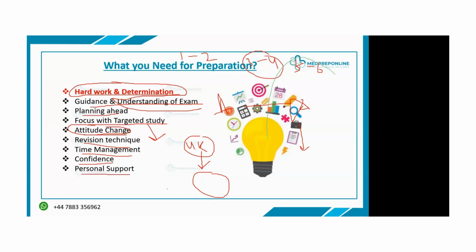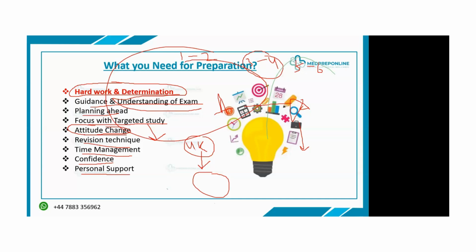And personal support is very, very important, whether it is coming from a mentor, your teacher, your senior, someone who has already passed the exam, your family, from anywhere, whoever you have in your close circle. Personal support is very important, because there will be many ups and downs in this journey, in that 3 to 4 months or 5 to 6 months of preparation.